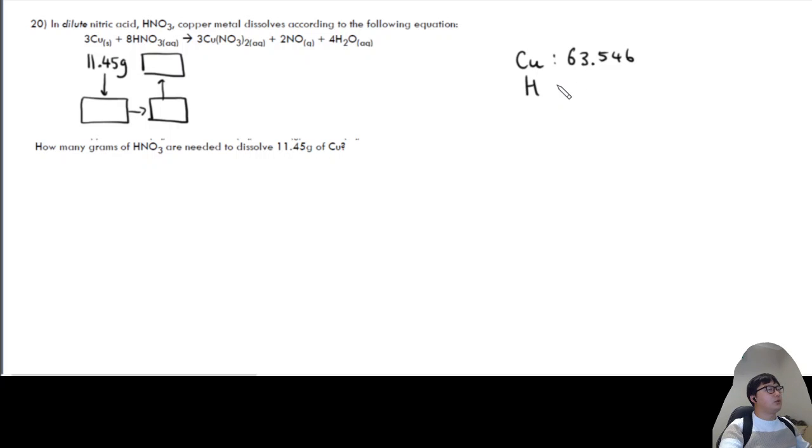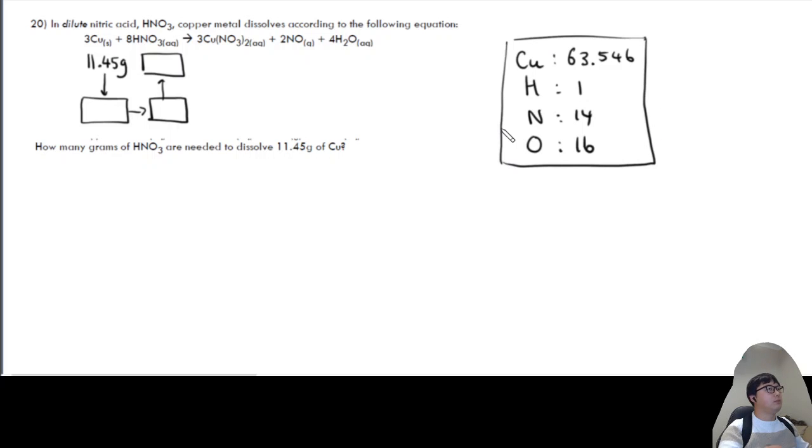You guys just assume that H is 1, N is 14, oxygen is 16. Okay, so that's all you need. These are the molar masses. Okay, so yeah, you missed this number here, right? 3. Maybe that's the reason.